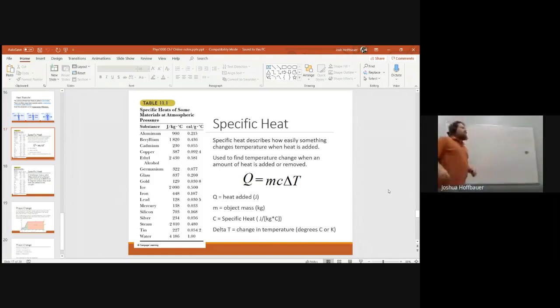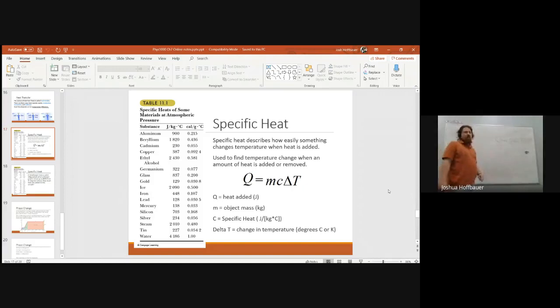So we've been talking about thermal energy and thermal energy transfer. When thermal energy enters an object, you're going to increase its temperature. When you take thermal energy away from an object, you're going to decrease its temperature. That is what this formula here represents.